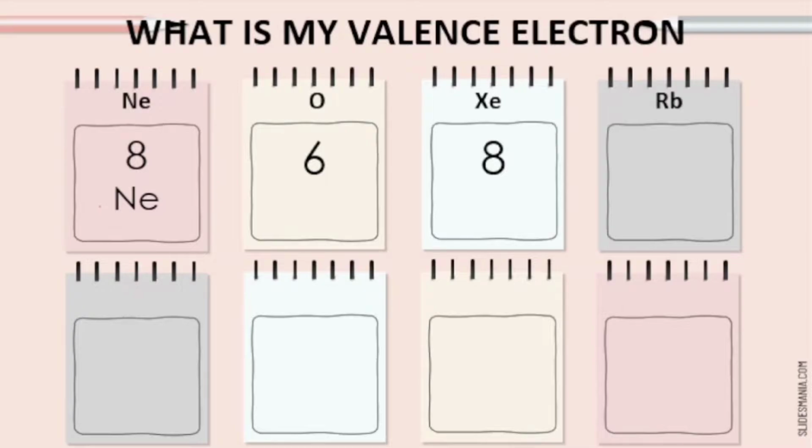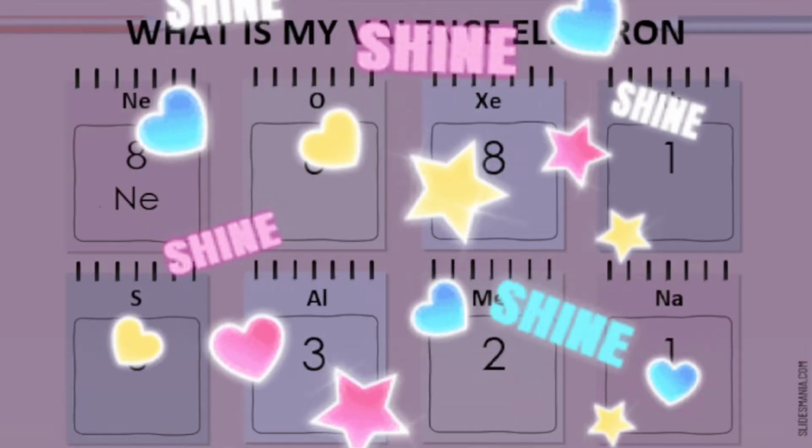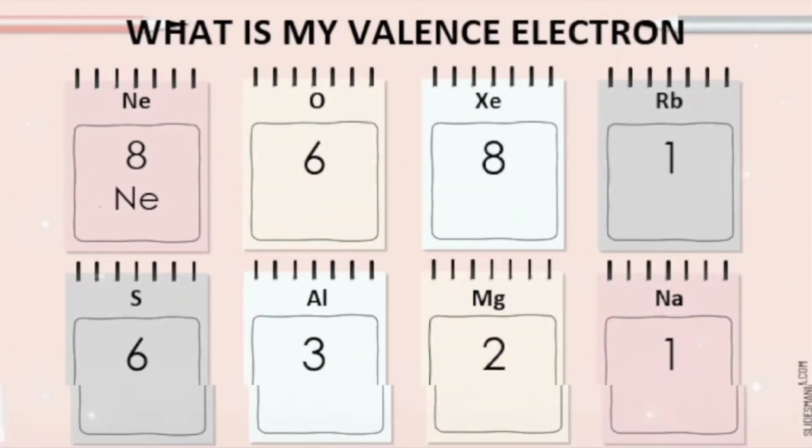Rubidium. 1. Sulfur. It has 6 valence electrons. Aluminum. 3. Magnesium. 2. Sodium. 1. Wow, you answered all correctly.